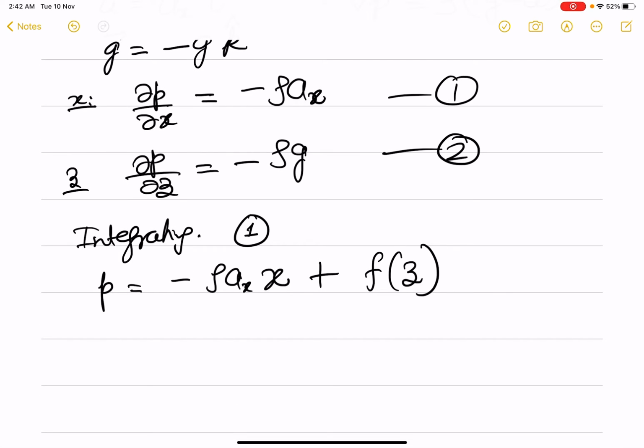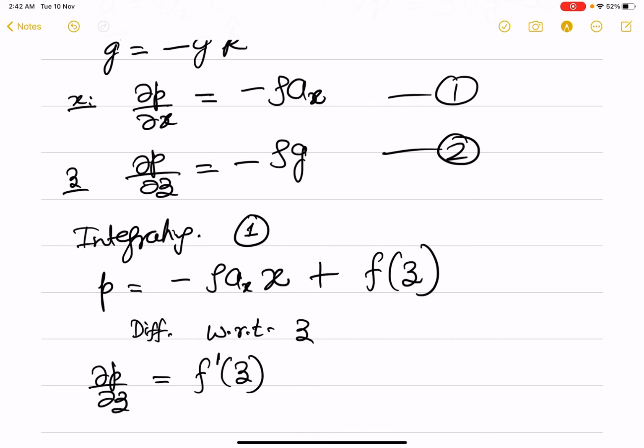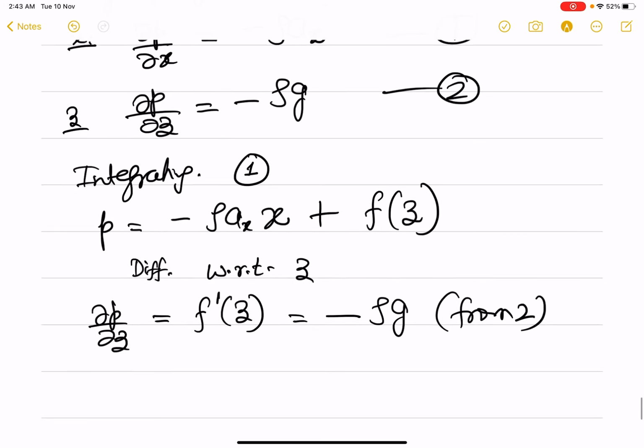Now what we do is we differentiate this expression with respect to z. So we get partial P by partial z is equal to df by dz, which I can write as f prime z. And this is equal to minus rho g, and this I get from 2.